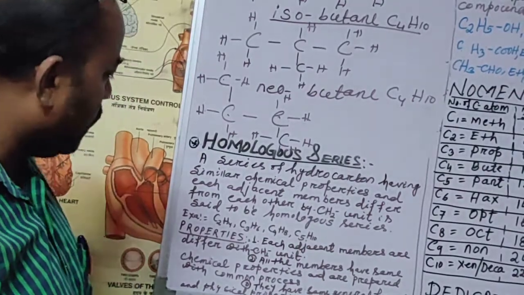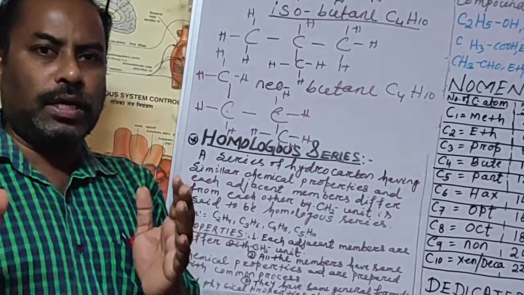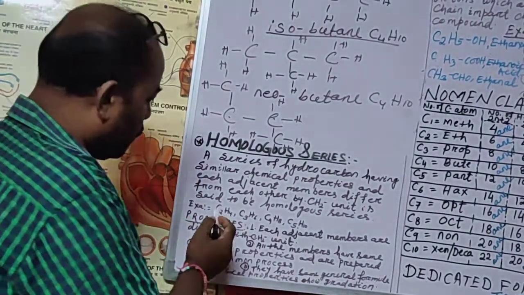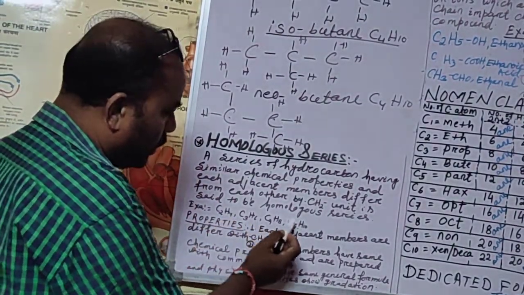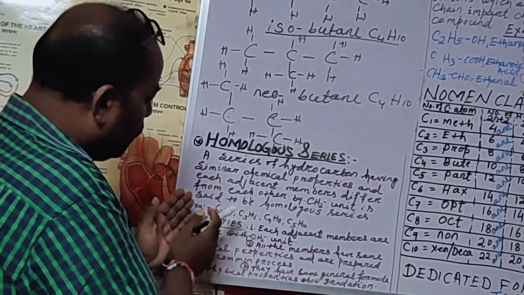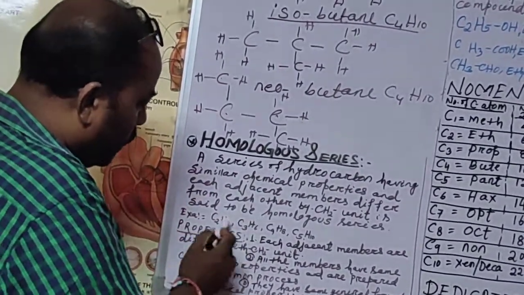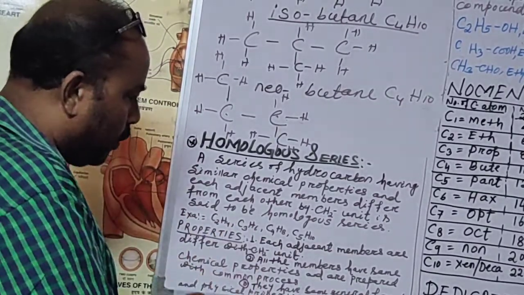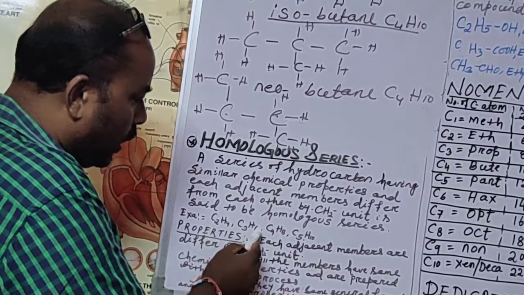Homologous series means it is a set of hydrocarbons. Now suppose CH, CH, CH, CH. This is a set of hydrocarbons. Now it will be called a homologous series if each adjacent member differs by C1 and H2.